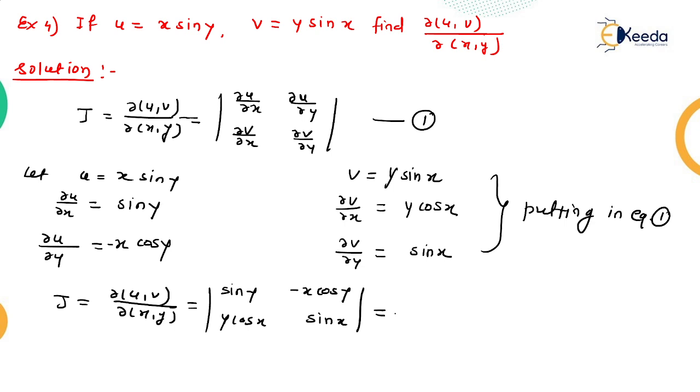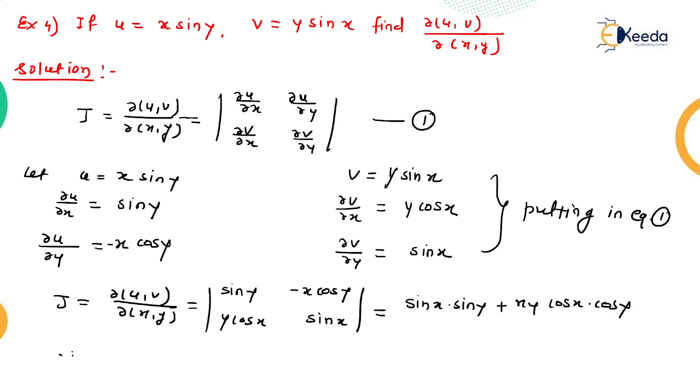You just observe here, we get sin x into sin y. Now minus minus plus, that is xy cos x into cos y.